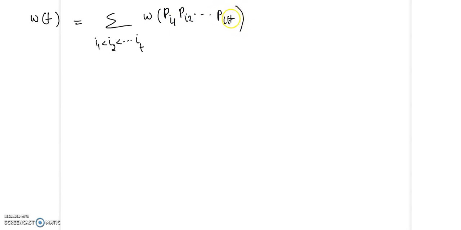Now the number of elements which satisfy properties Pi1 Pi2 Pit will be given by the integer function n by pi1 pi2 etc. pit. We need to find how many factors there are. If an element satisfies these properties, it will be divisible by pi1 pi2 pit.